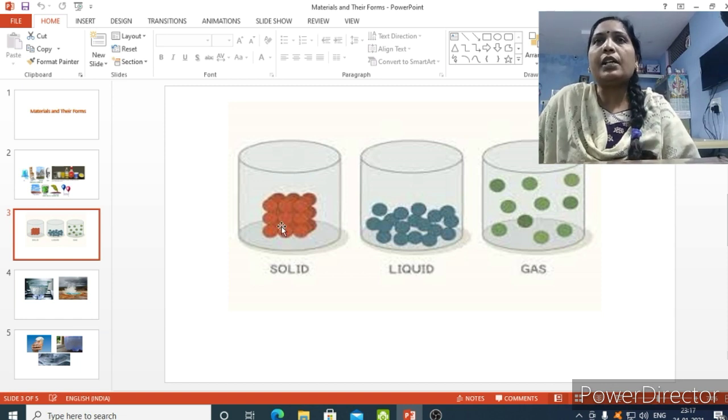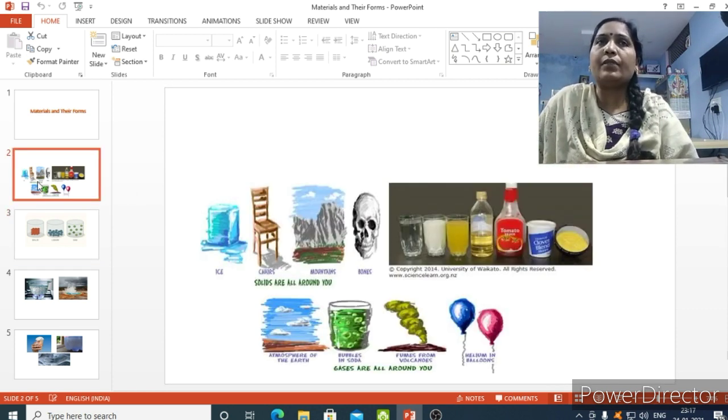The gap between the particles is known as interparticular space or intermolecular space. So there is no space between each particle. Tightly the particles are arranged in solids.